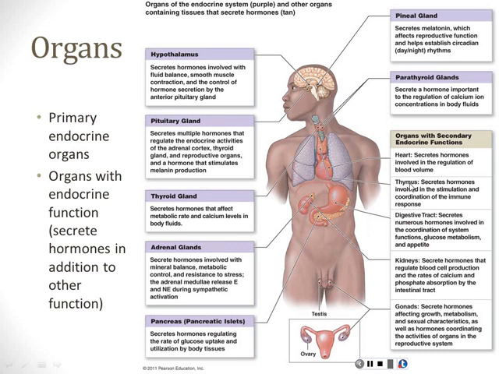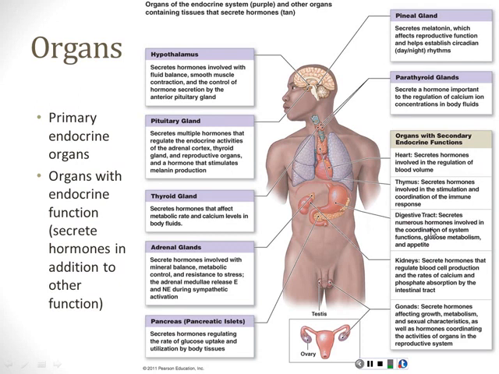The thymus gland, which is an important immune system organ, also releases some hormones that coordinate and stimulate the immune system. So some of those eicosanoids are produced by the thymus. So it has an endocrine function. The digestive tract, primary function is to absorb nutrients, right?